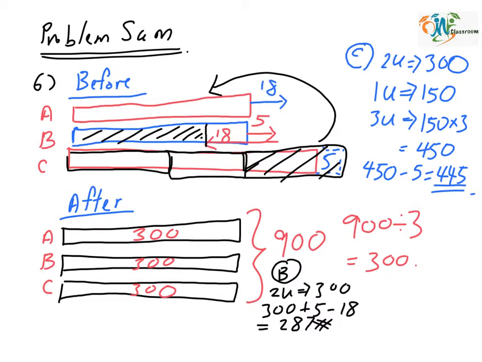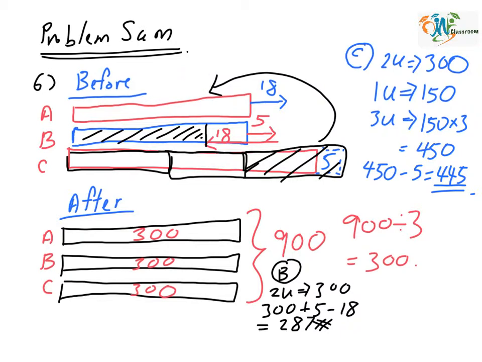This part understand? Then after that, C gave A 1/3, right? Which is 1 unit. C gave A 1/3. Can see? Which is 1 unit. So after we add 18 to A, we must deduct from it 1 unit. You understand? Which is 1/3 of C.